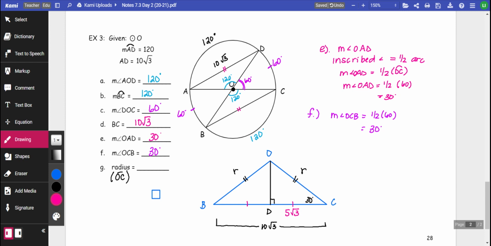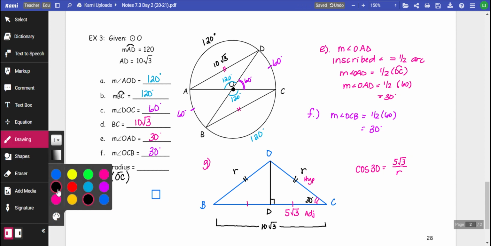So I'm going to use trig. For part G here, we're going to use trig. This is my adjacent segment to my reference angle, my given angle. This radius is my hypotenuse. So I'm using the cosine of 30 equals the adjacent, 5 root 3, over the hypotenuse, which is my radius.